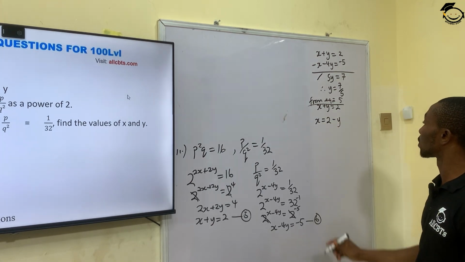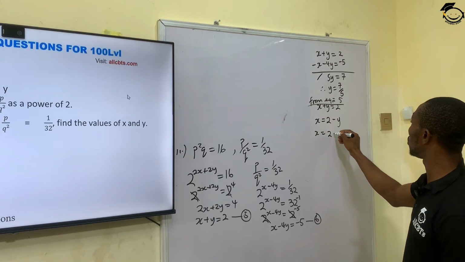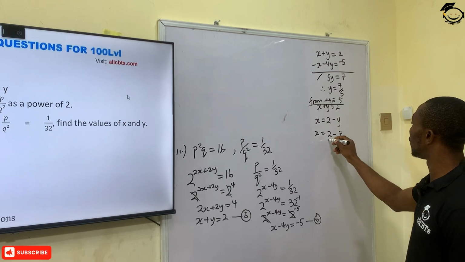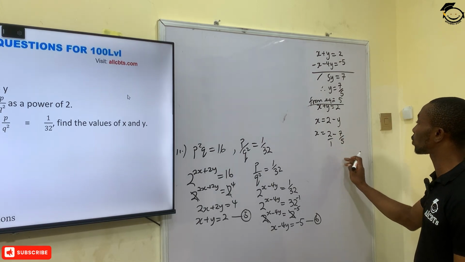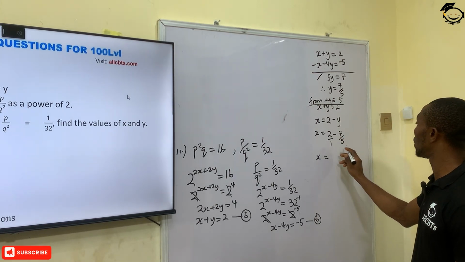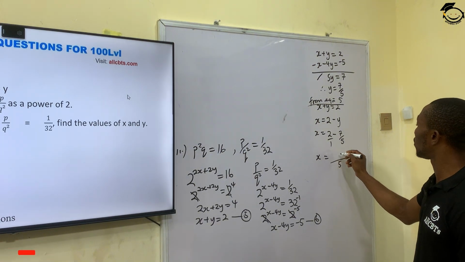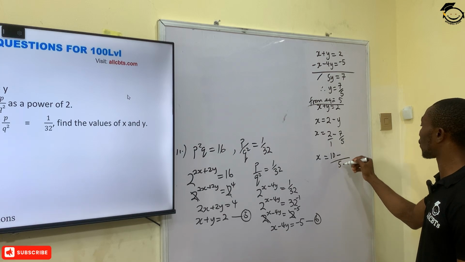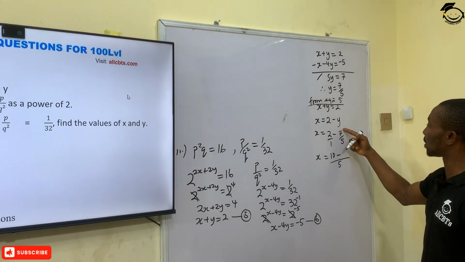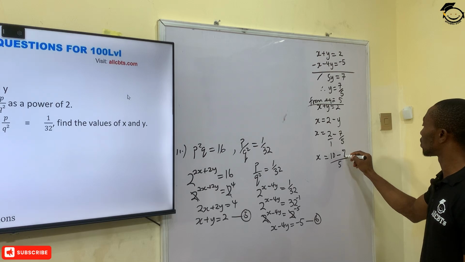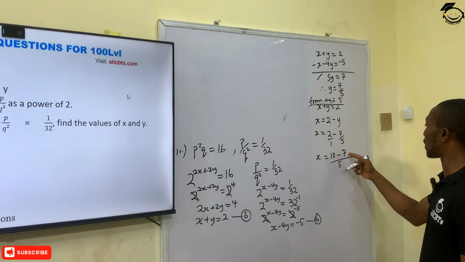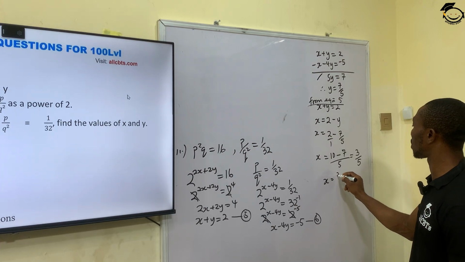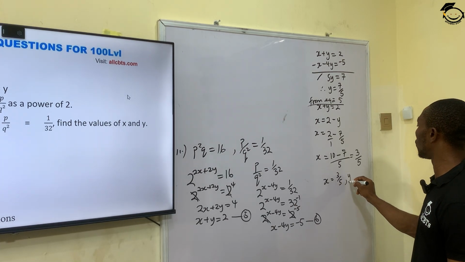So x equals 2 minus 7 over 5, which is our value of y. Now, this is 2 over 1. Finding our LCM here, it would be 5. 1 into 5, 5. 5 times 2, 10. Minus 5 into 5, 1. 5 times 7, 1 times 7, 7. This gives us 10 minus 7, 3 over 5. So the value of x is 3 over 5, and the value of y is 7 over 5.